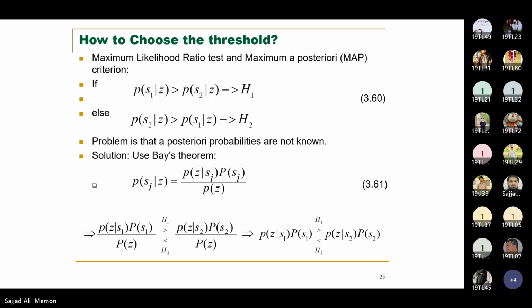If the probability of having S1 in Z is greater than the probability of S2 in Z, then we choose hypothesis 1. If it is less than, then we choose hypothesis 2. On both sides, P of Z is the same, so P of Z will be cancelled out on both sides.